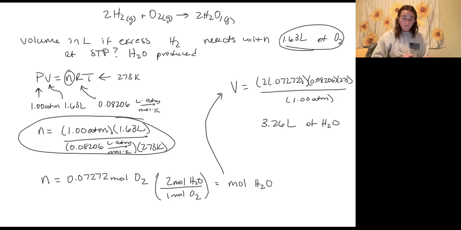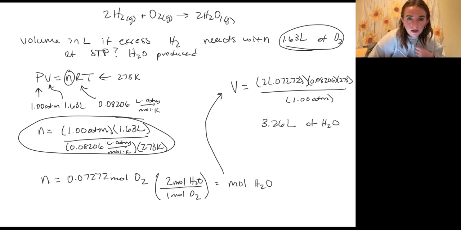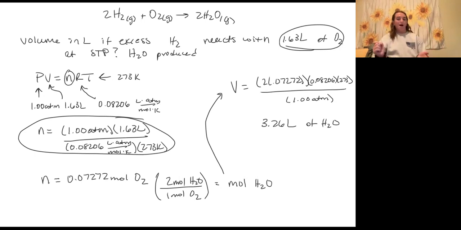Okay, this was a longer way to do this question. Exactly, Tia, that's exactly what I was just about to say. So this is a long way to do this question using PV equals nRT. But what you can see is that, hold on, where's my highlighter? In the first step, we have 1 atm, 273, and this R value.